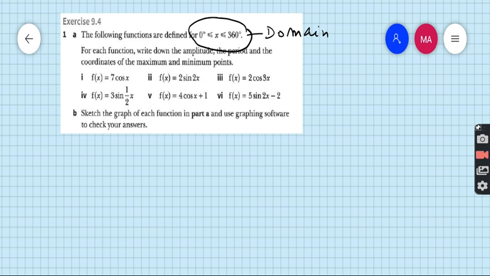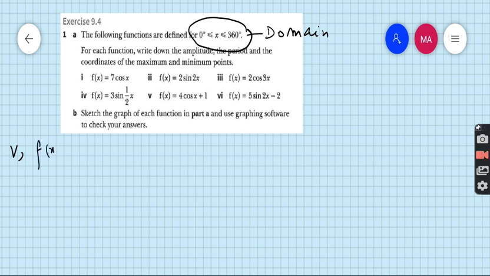Write down for each function the amplitude, the period and the coordinates of the maximum and minimum points. It's very easy. Let's do part 5 because we have already done the first 4 parts.